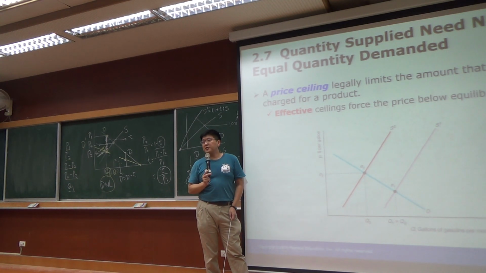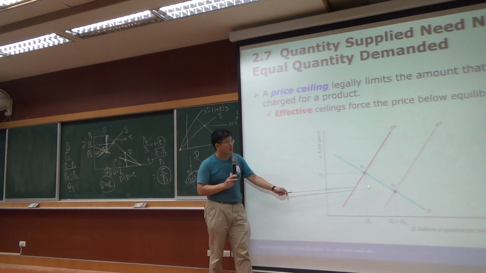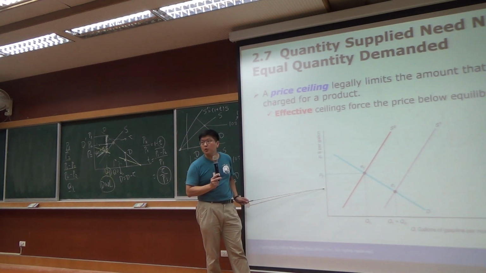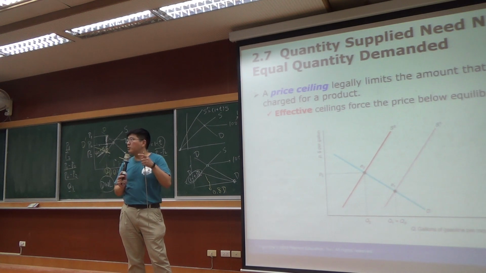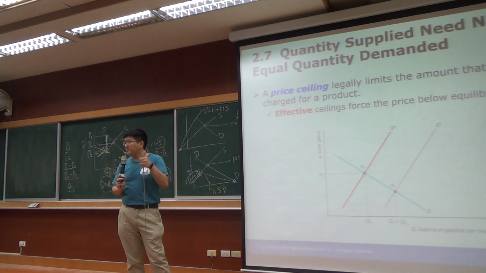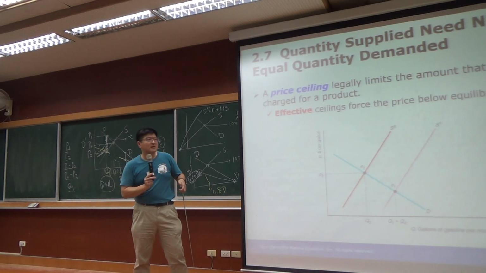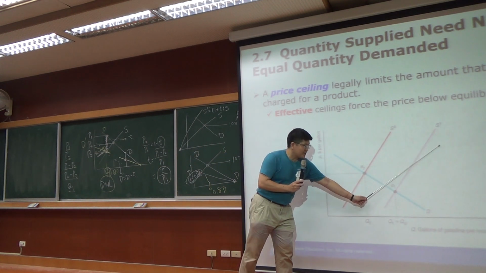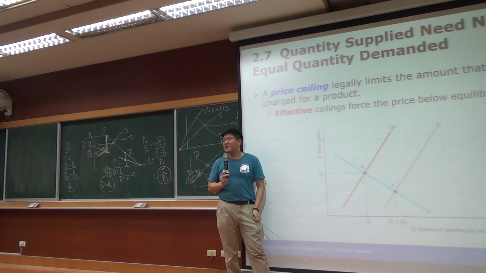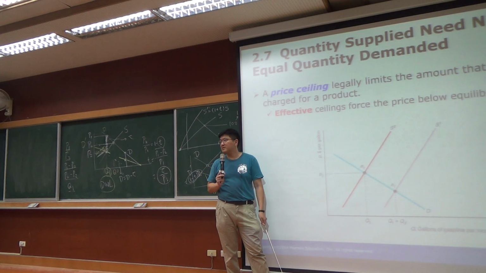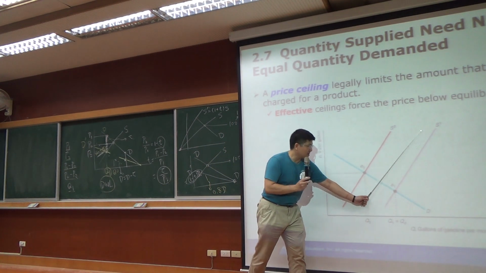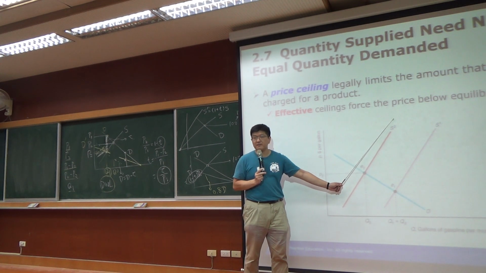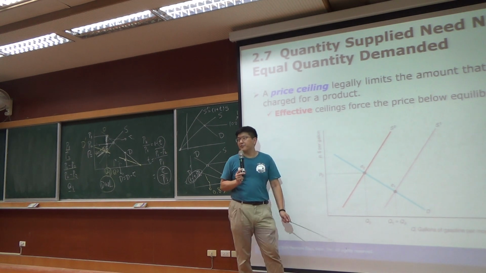Without any intervention by the government, the price, of course, would go up or down? Up, right? So you see something very common during the typhoon season. Something gets more expensive, like vegetables, like food.